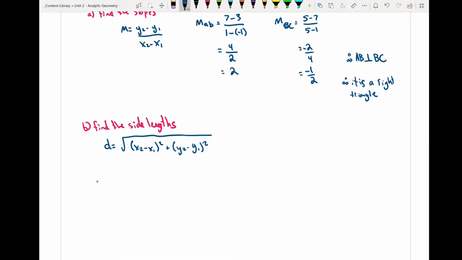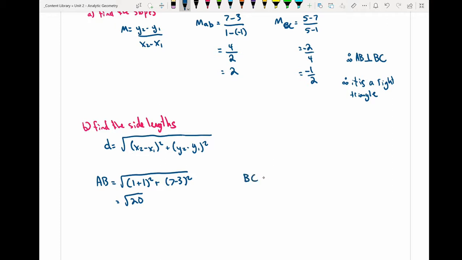Now I'm going to look at my sides. So let's look for the distance of AB. I know my formula, so I'm not going to rewrite it every single time, but 1 minus -1, so plus 1 squared, and then plus 7 minus 3 squared, square root 20. I can just leave it at that because I should get the same thing or a different square root when I find another side.